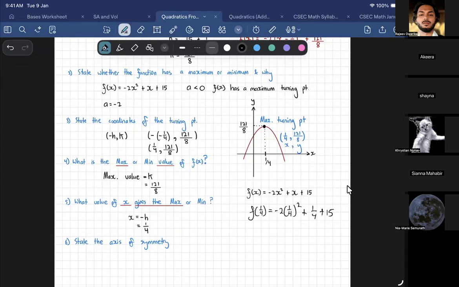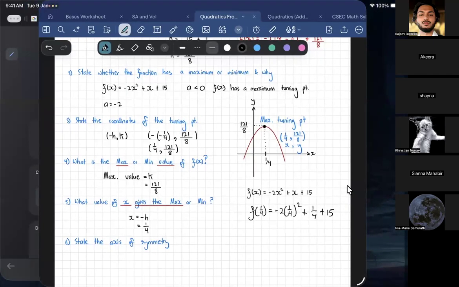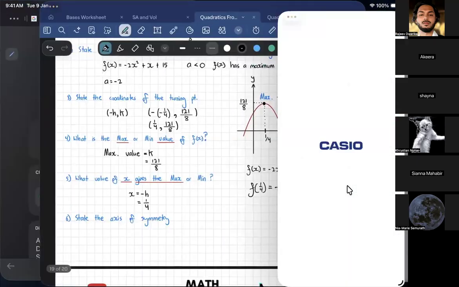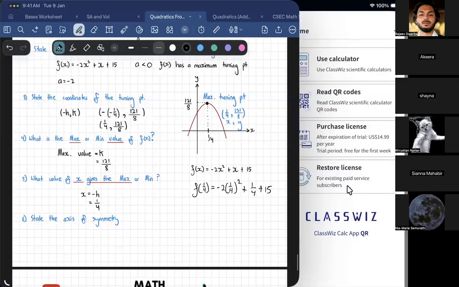Am I hearing Christian at all? Okay, Sienna, when x is a quarter, what am I supposed to get? You're supposed to get the k value, or the f of x value. The k value, where's the k value? Remind me. 121/8. Now, you know what they say? Seeing is believing, right? Do you believe? Do I need to make you a believer?